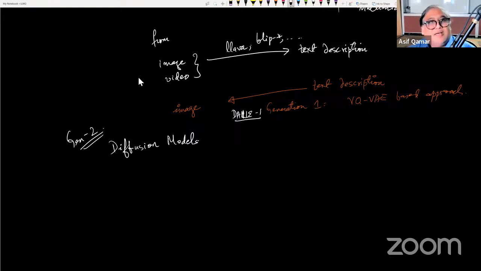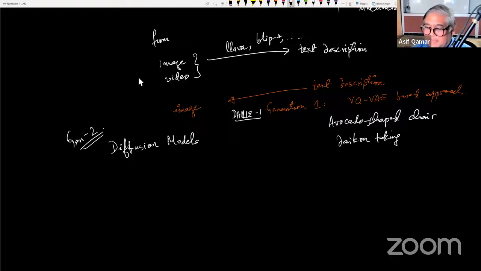The iconic example of DALL-E 1 was the avocado-shaped chair, or a daikon taking a tutu on a walk or something like that. I forget what it was. Please correct me if one of you remembers. What is a tutu? Tutu the dog, isn't it?